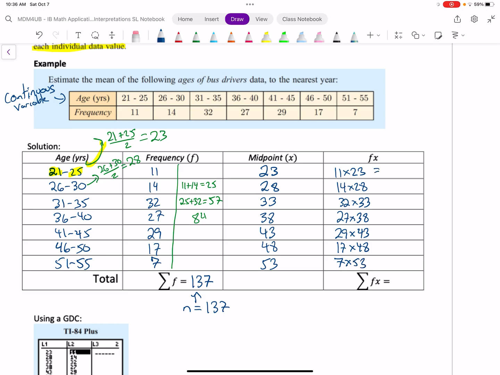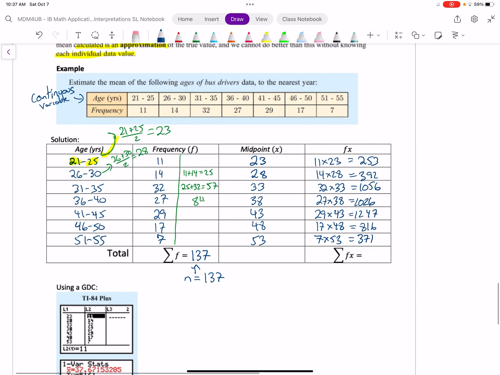And you would get answers, and if you want, you can always just copy these to save a bit of time. And then if I add all of those up, I get the total as if I added each individual data point.